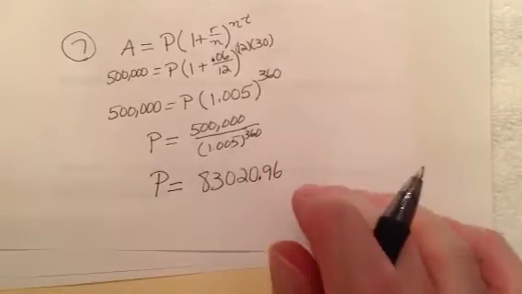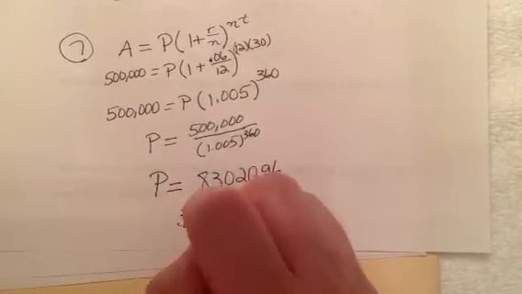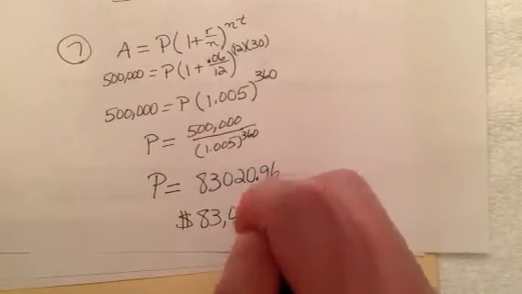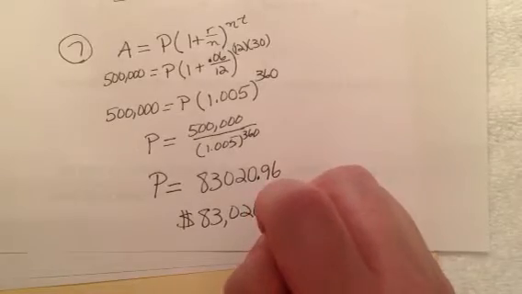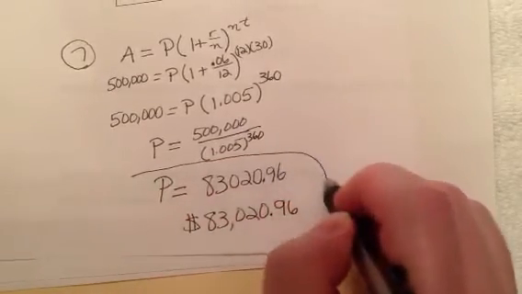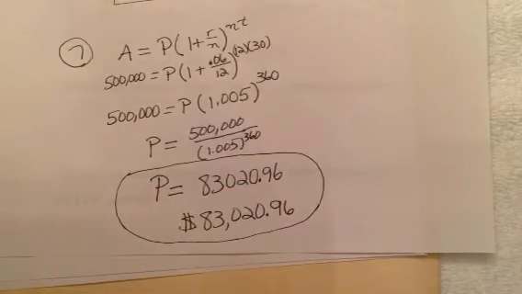Of course, you can round up or round down. Carrying it out without rounding from the very start, the principal is about $83,020.96.